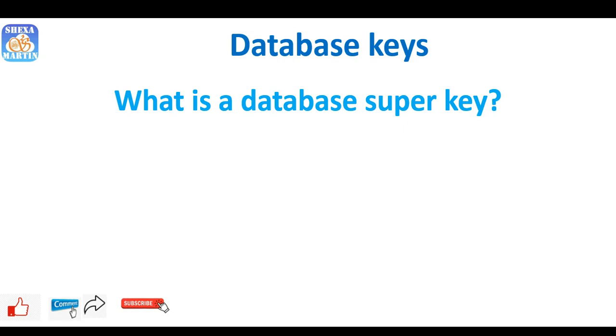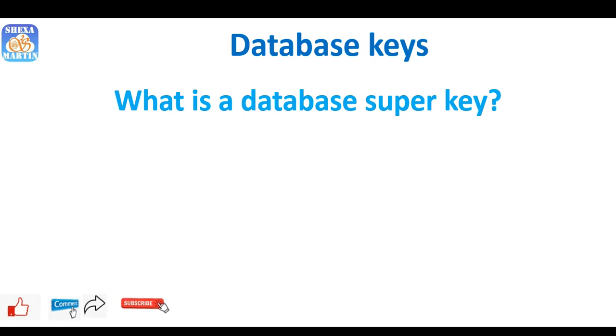But if we have only 1 column, we cannot identify a record. So the minimum number of columns is 2, and these 2 columns are a super key as well, since it's a subset of attributes of a table which uniquely identify a record or records in a database table.